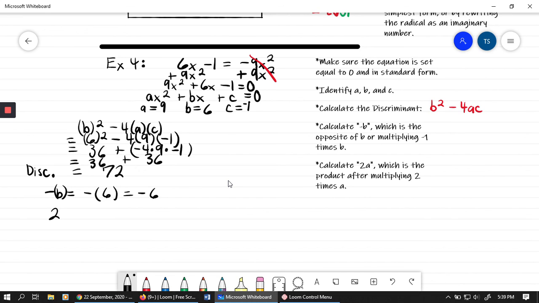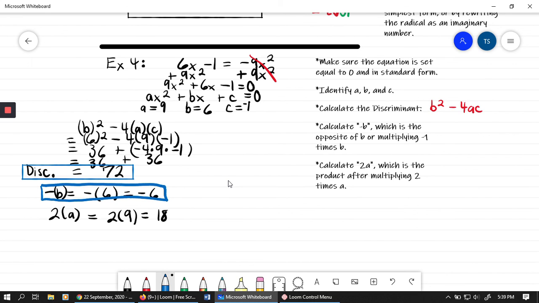And then 2a, multiplying 2 times 9, gives us 18. So we've got all three parts here, and now we just need to substitute those numbers into our quadratic formula, and then from there, if we need to simplify, we can simplify it.